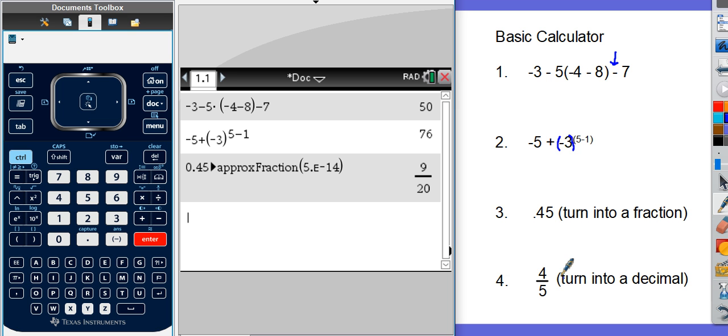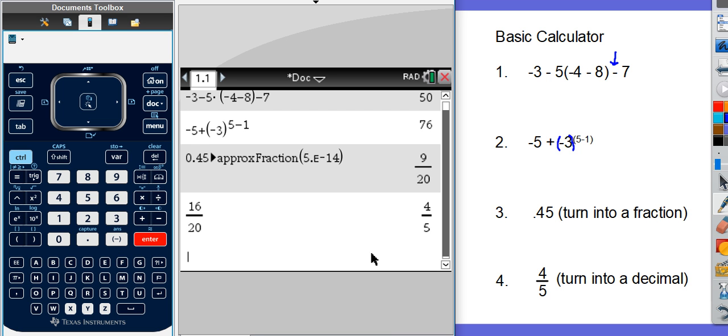And then, and this isn't on here, but since I'm thinking about it now, I'm going to go ahead and put in a fraction real quick and just show you that you can take a fraction and just simply hit enter, and it will reduce it for you.